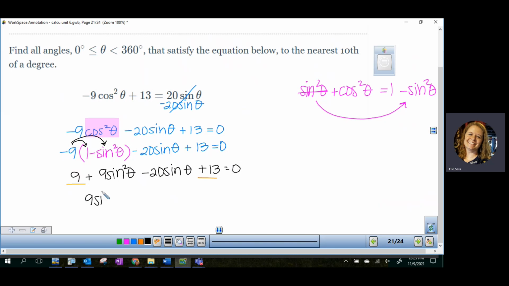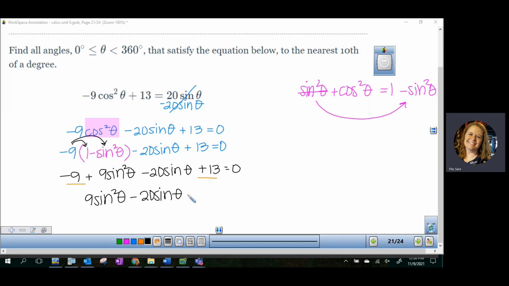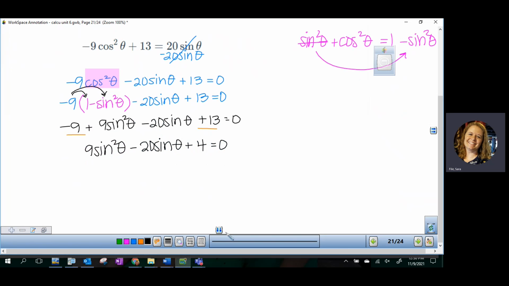So I've got 9 sine squared minus 20 sine. And then, oh, I'm sorry, that's a -9. Don't forget that, that's important. Okay, so 13 and -9 would be +4. Everybody with me still?